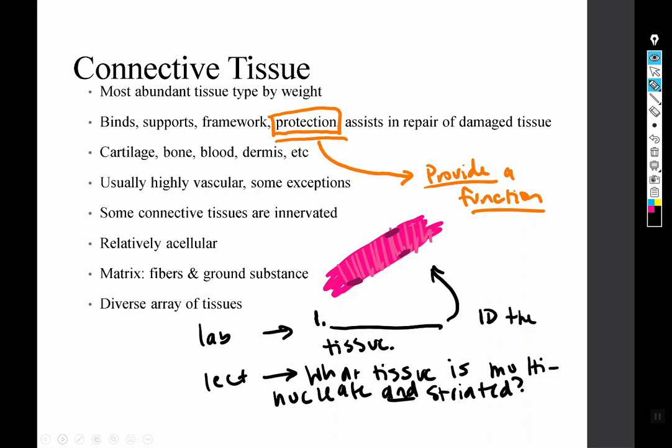And the answer to both of those things would be skeletal muscle. So in one, you're identifying it visually, and the other, you're conceptually identifying it based on what I describe about it to you.